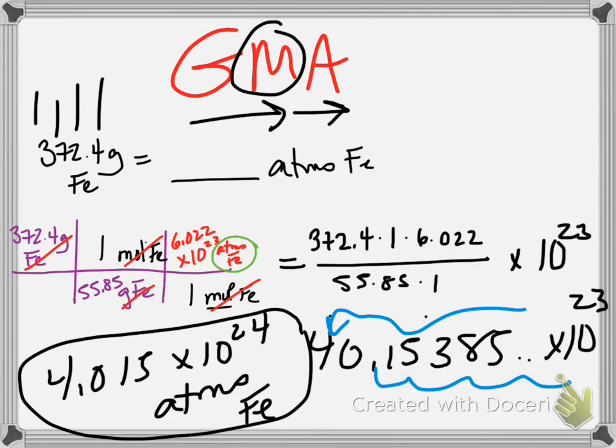Do you want to do one that is atoms to grams together? Or do you want me to cut you loose on that? Atoms to grams together. Okay. So let's say, I'll put GMA up here. We're going to go atoms to moles, moles to grams.